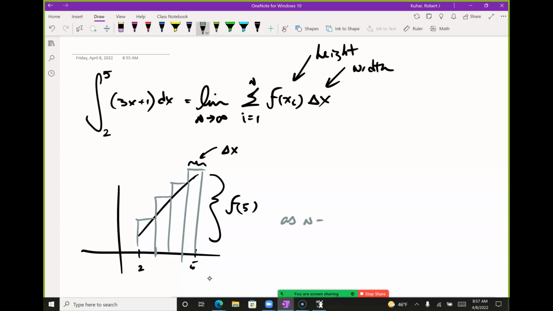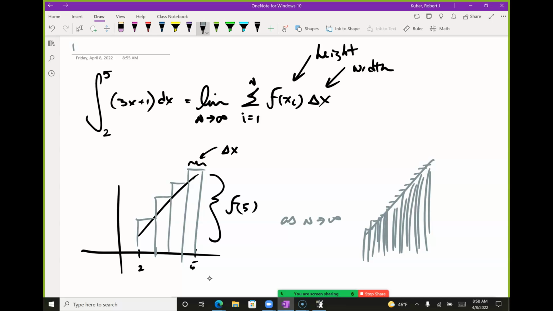But notice what happens as n goes to infinity. Look at if I did this many rectangles. Look at my overestimate now. It's a lot smaller, right? You can see all my rectangles now. So as I go to an infinite number of rectangles, I'm going to get closer and closer to the actual area under the curve.